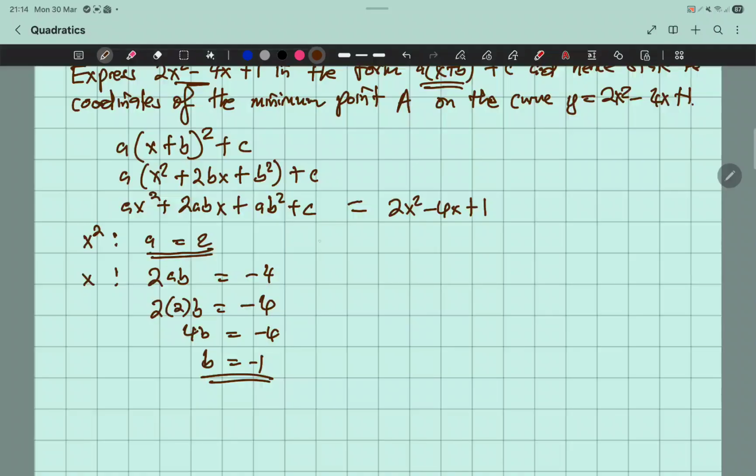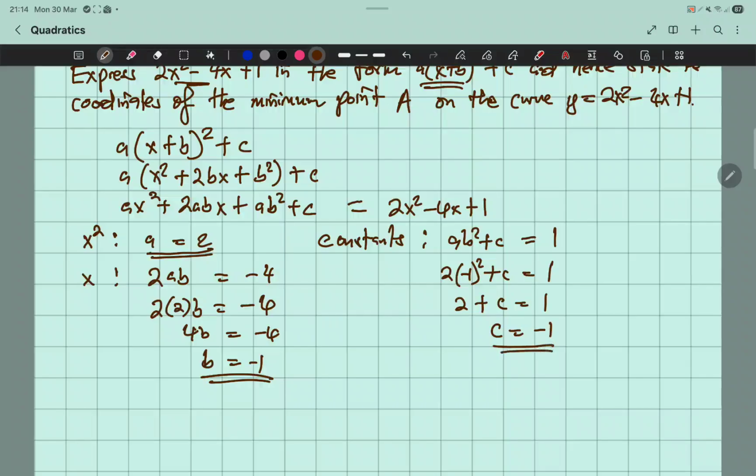Then let's do it for the constants. a b squared plus c is equal to 1. a is 2, b squared is -1 squared, plus c equal to 1. So 2 plus c equal to 1, c equal to negative 1.